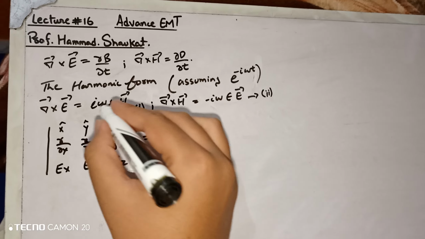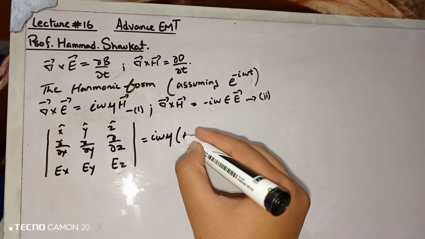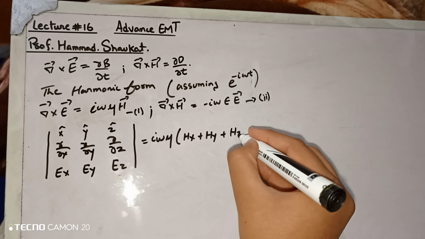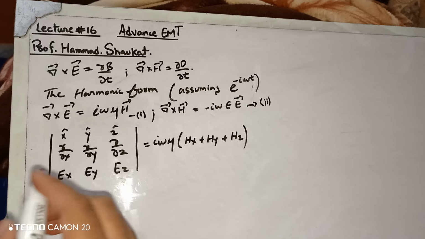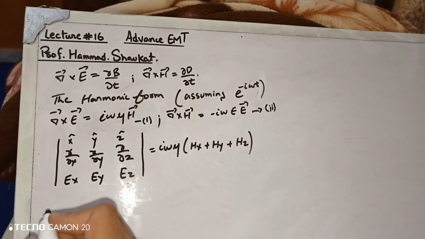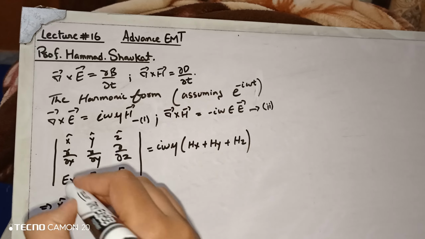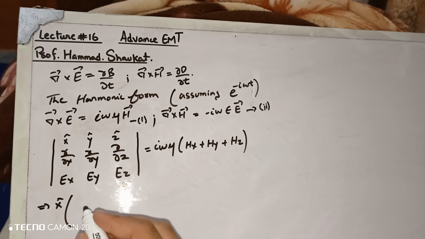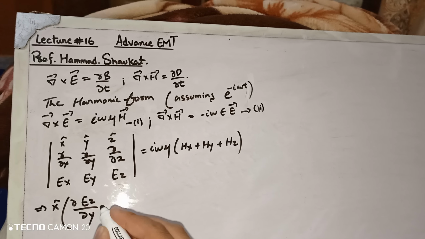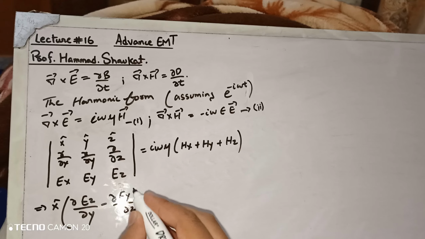It equals iota omega mu times H, where H equals Hx plus Hy plus Hz. You just have to take the cross product. For the x component, you will be left with partial Ez divided by partial y minus partial Ey divided by partial z.